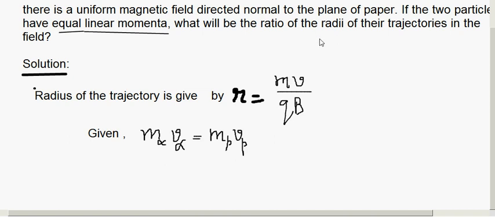Now what will be the radius of the trajectory? Let the radius of the trajectory of the proton be rp and that of the alpha particle be r alpha.